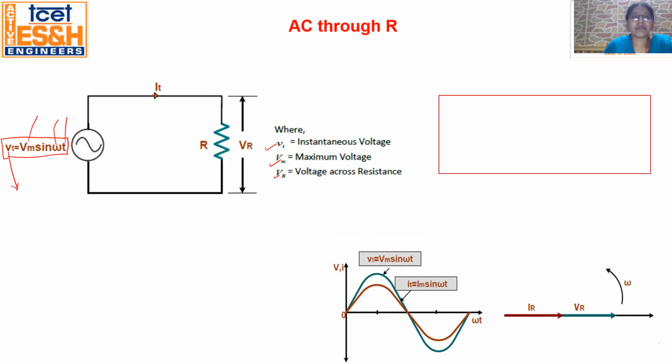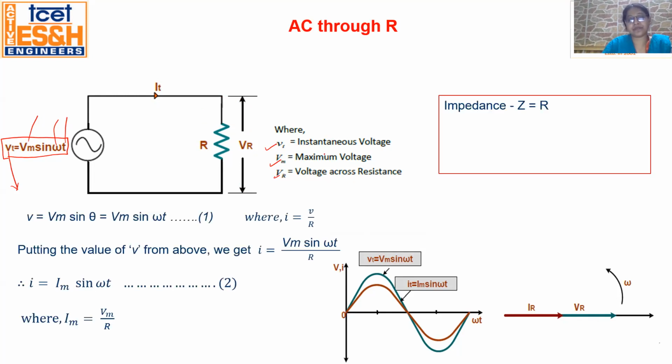As per the diagram, the current flowing in the circuit is IT, and the voltage across the resistance, we assume here, is VR. So VR is the voltage across the resistance. Equation 1 itself is V is equal to Vm sine omega t.